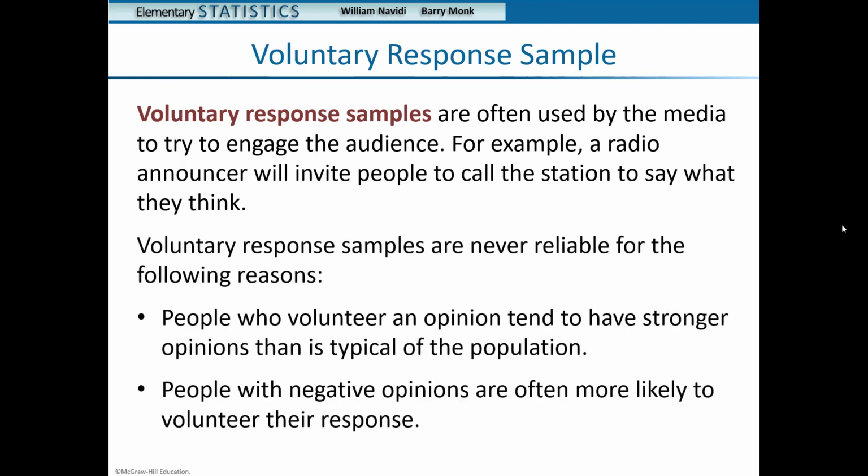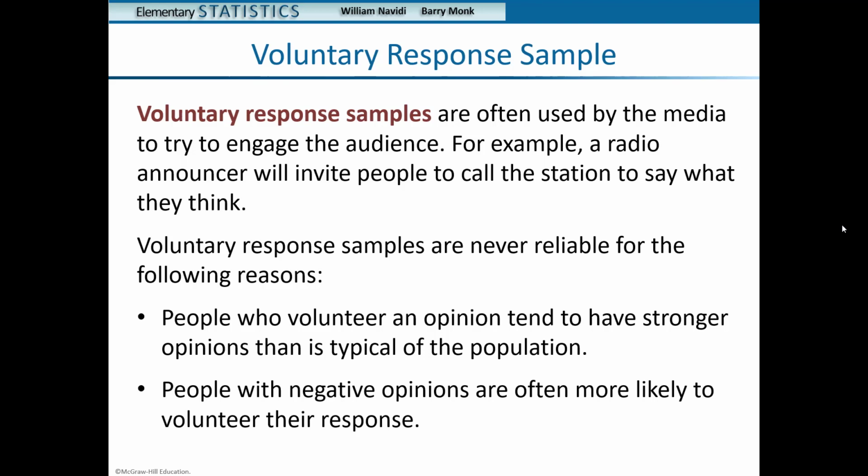If we are trying to do a rigorous study to understand characteristics of a population, we should pretty much never rely on voluntary response samples. Voluntary response samples are never going to be an accurate portrayal of the population for the following reasons.